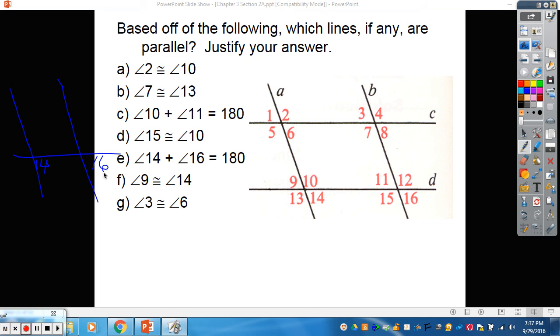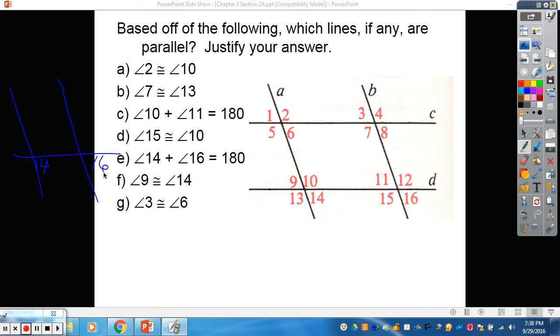Do we know that they're both 90? Nope. So we don't know that they're going to be congruent. So in this case, there's no conclusion. We can't conclude anything. So that was fairly easy if you could identify what type of angles they were.